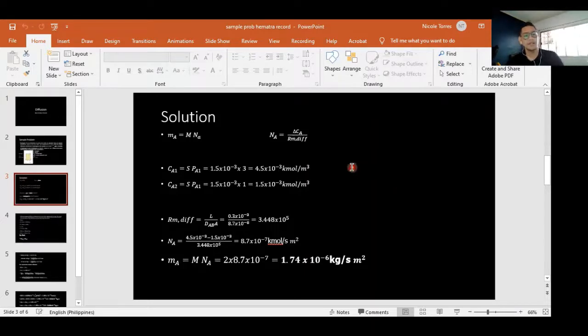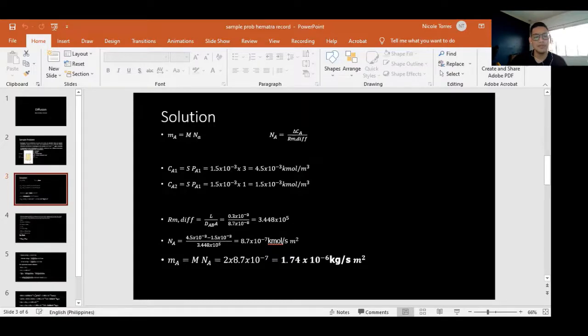The equation: mass transfer is equal to molecular weight times molar flux. And the molar flux is equal to delta CA over the resistance.